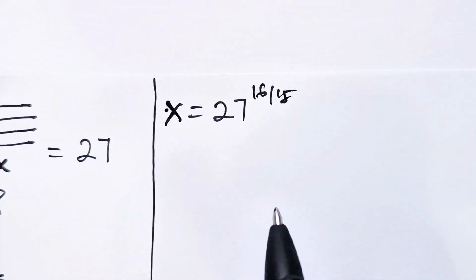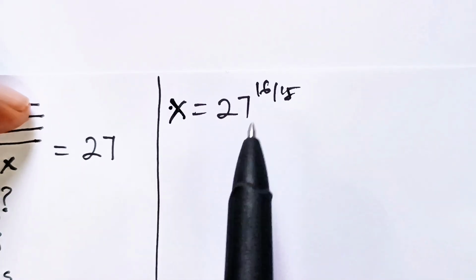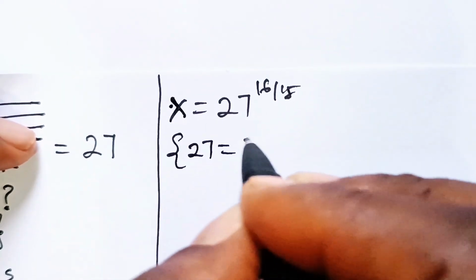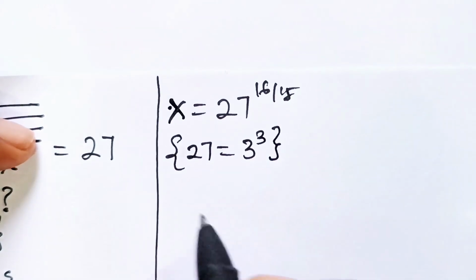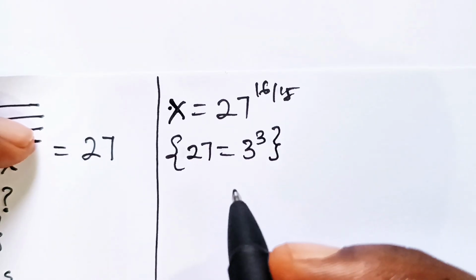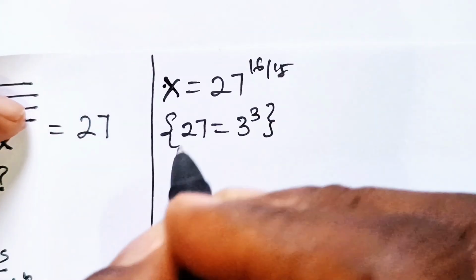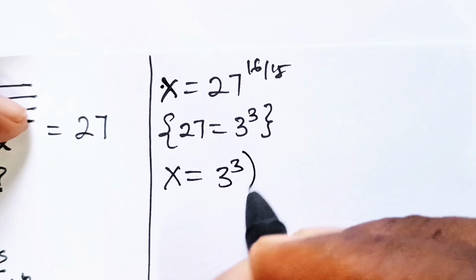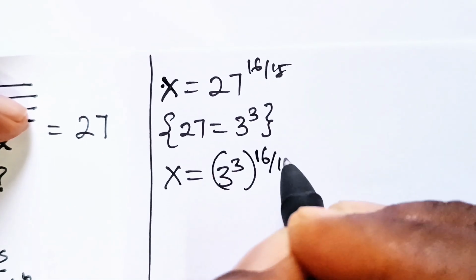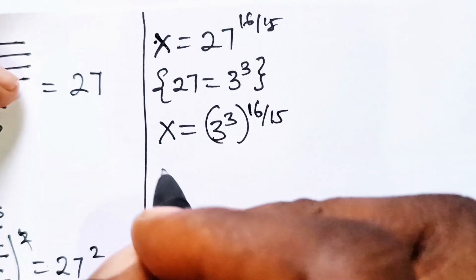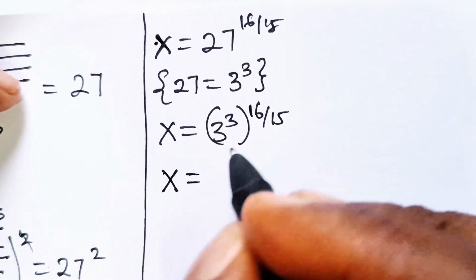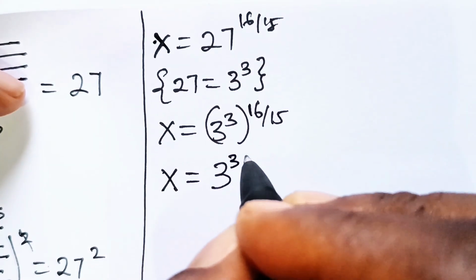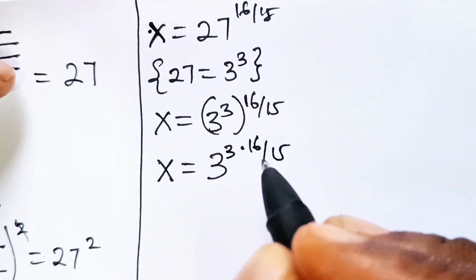Now this is okay, but we can still simplify this further, right? Know that 27 is 3 to the power of 3. So we can write this as x is equal to 3 to the power of 3 raised to the power of 16 over 15. So we have x is equal to 3 to the power of 3 multiplied by 16 over 15.